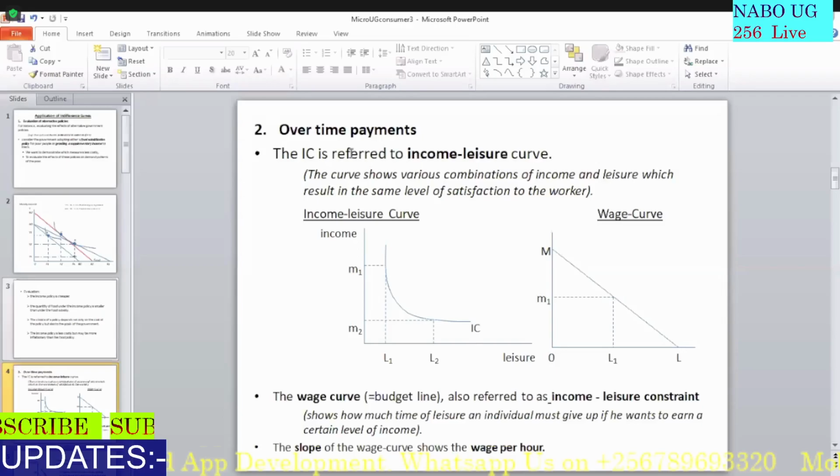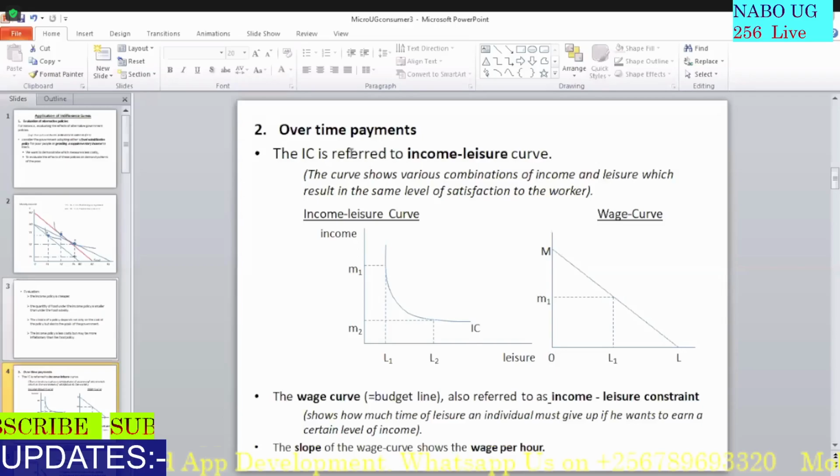Now here we have the wage curve, which is equivalent to the budget line. Now the slope of this wage curve shows the wage per hour, or it can be called the income leisure constraint. Like the other side, we have the budget constraint. So this is the income leisure constraint.